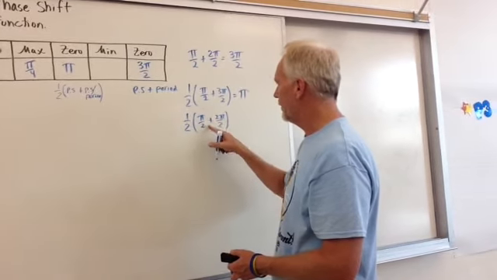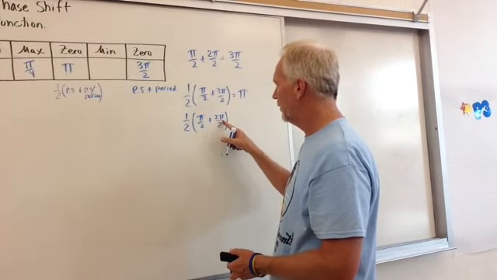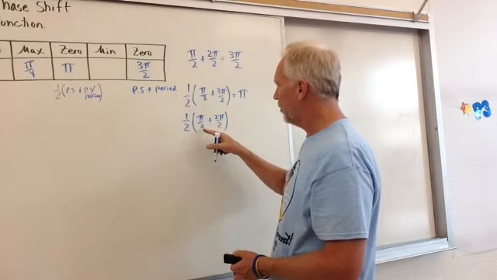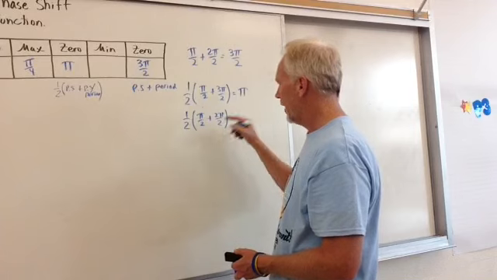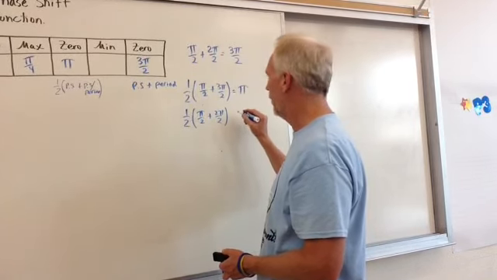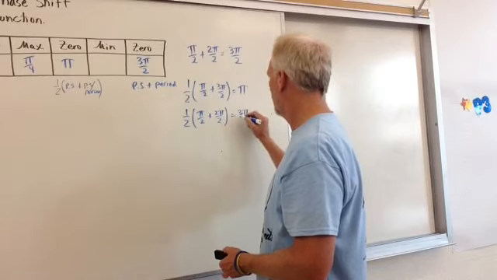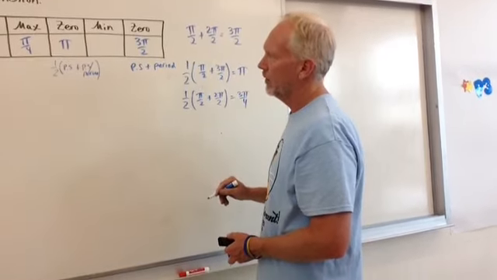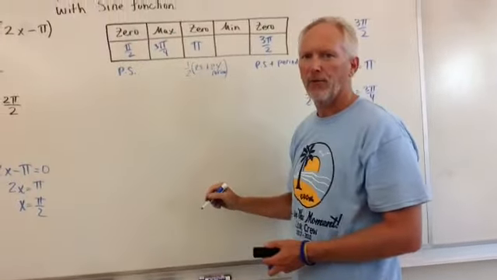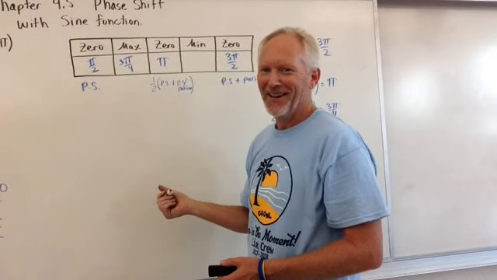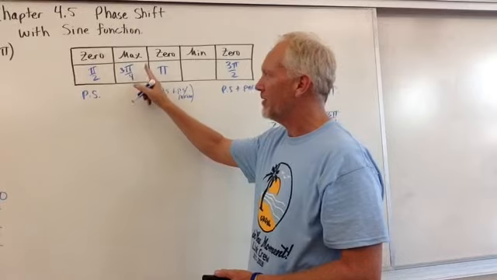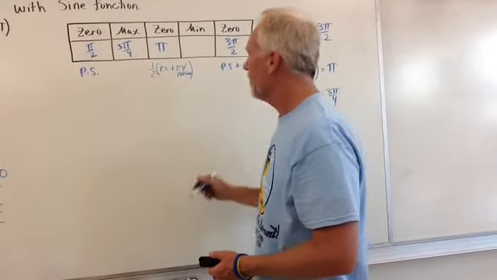That gives us 3 pi over 2, and 3 pi over 2 times 1/2 is 3 pi over 4. That makes sense because that's in quadrant 2.